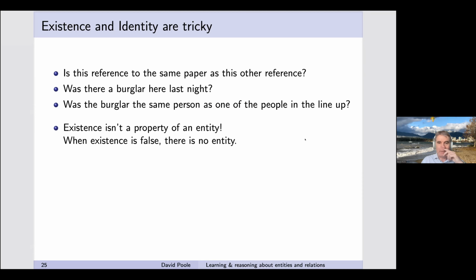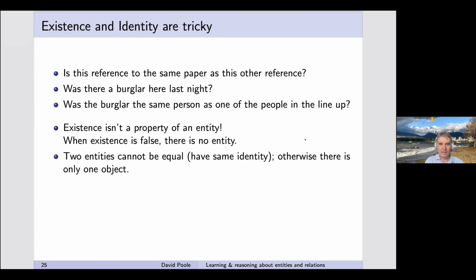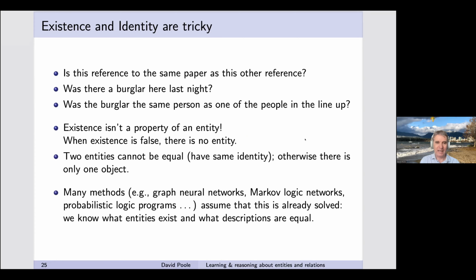So existence isn't a property of an entity. When existence is false, there is no entity. There's quite a bit of literature that talks about existence as a property of an entity. It all just seems like nonsense to me. Two entities cannot be equal, have the same identity, otherwise there's only one object. And many methods, graph neural networks, which I'll talk about, and these other ones, which I'll talk about in a minute, assume this is already solved.